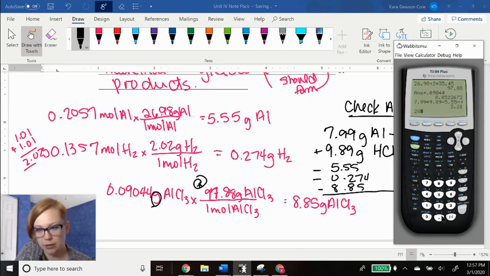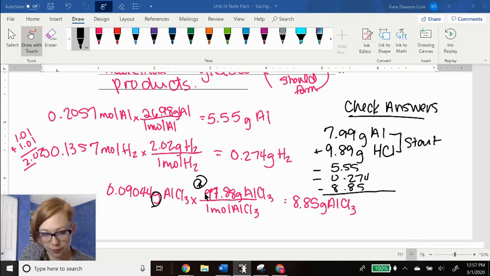So 26.98 plus 3 times 35.45 gives me actually 133.33. All right, so I messed this number up right here. So this should be 133.33.